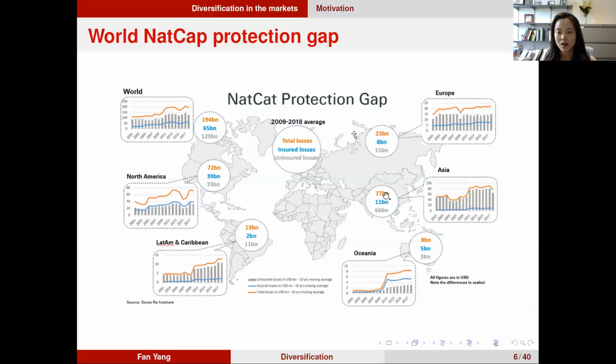The total loss is comparable to Asia, but still almost half of the losses are not covered. This graph shows the average from 2009 to 2018, so you can see it has existed in the market for a long time. The trend is actually getting larger for uninsured losses.